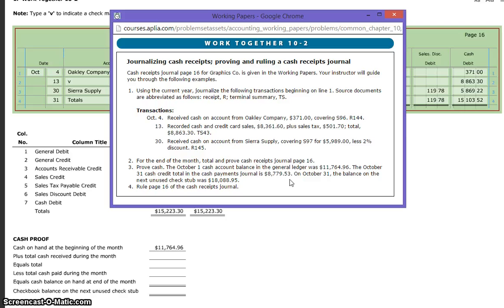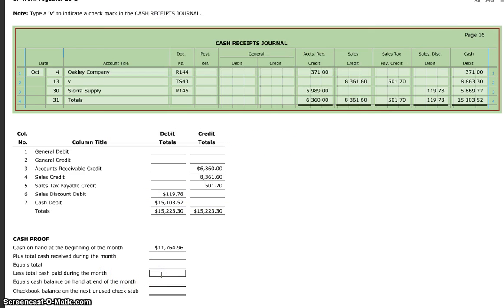The October 31st cash credit total in the cash payments journal was $8,779.53. So that amount is given to us, and we just plug that number in right here where it says the less total cash paid during the month. So cash payments means cash that we paid out. So let's plug that in right now, $8,779.53.